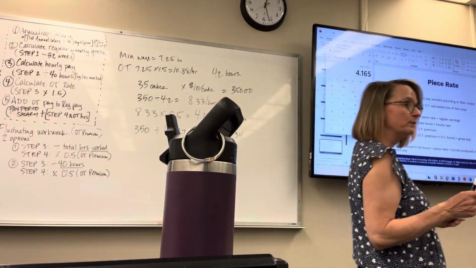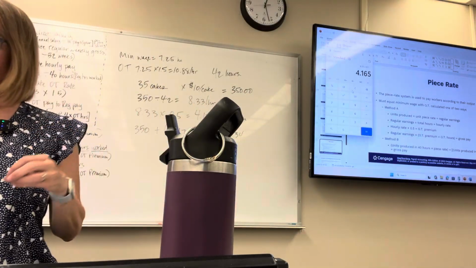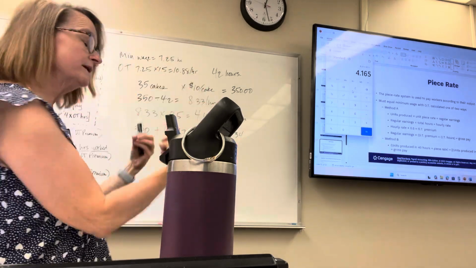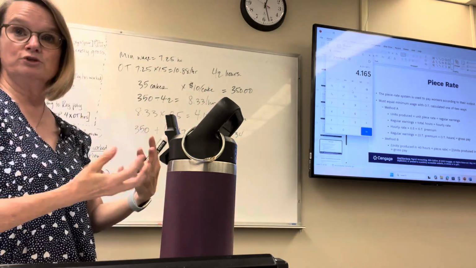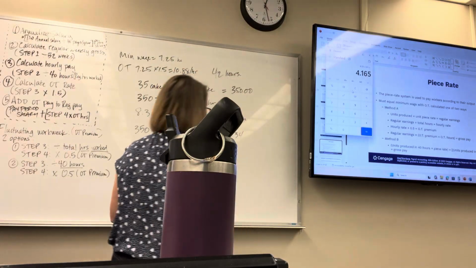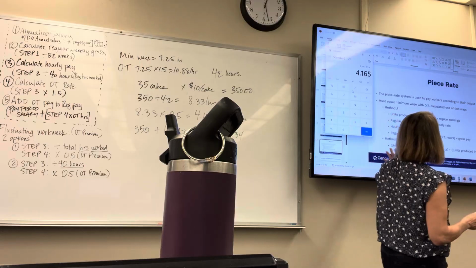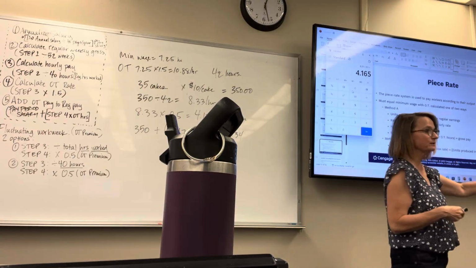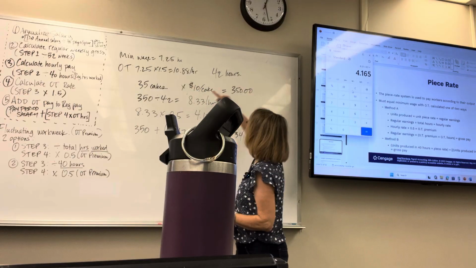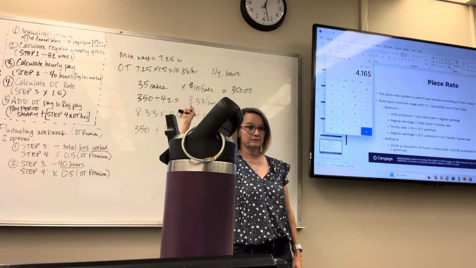So that's the first way we can do it, where the overtime rate is based on converting it to an hourly rate, and then using that hourly rate to calculate the overtime rate. The second method is, instead of converting it to an hourly rate, we're just going to take the per unit rate. Where are we? $10 per cake, and we're going to multiply that by 1.5. Right?